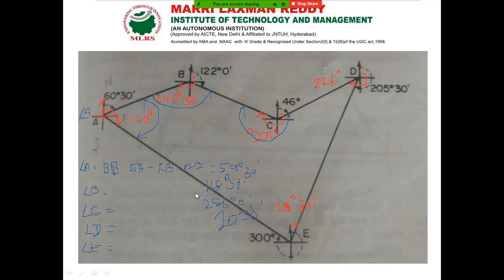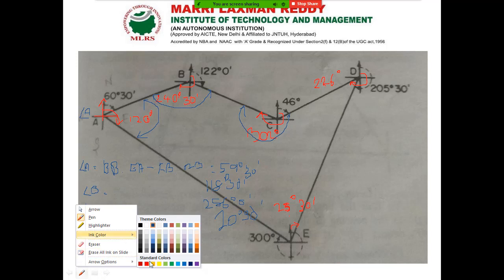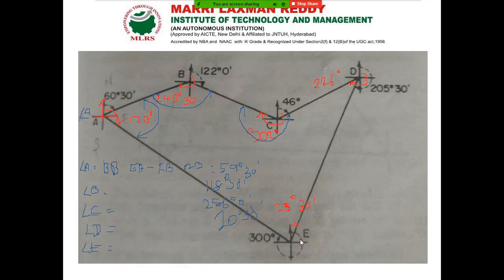So if I am going to deduct it, I am able to get the exterior angle. So if I need interior angle, whatever the value I am getting now, that I have to deduct it from 360 degree.